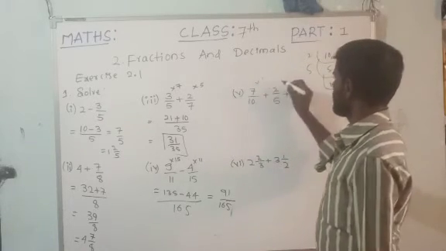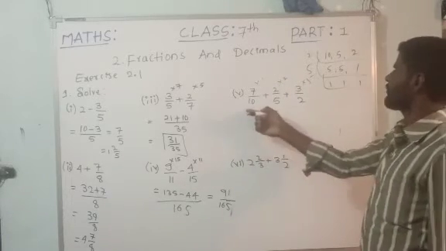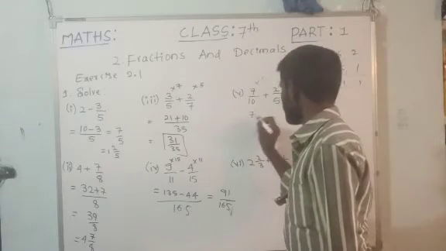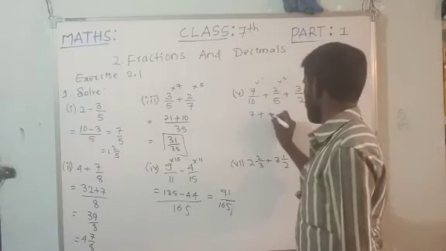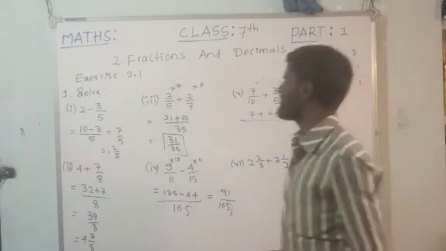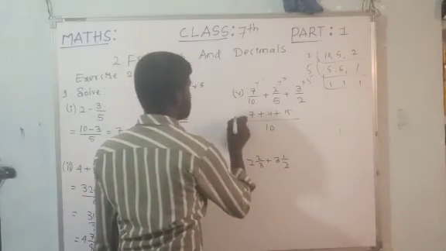Multiply here by 1, here by 2, and here by 5, because the LCM for all of these is 10. So 7 1s are 7, plus 2 2s are 4, plus 3 5s are 15, all divided by the LCM, which is 10.